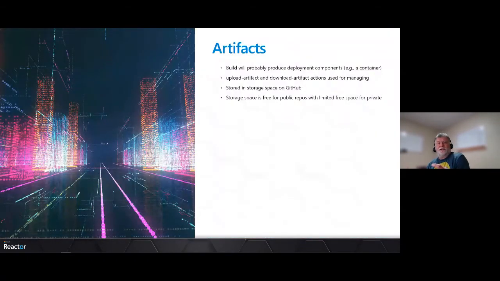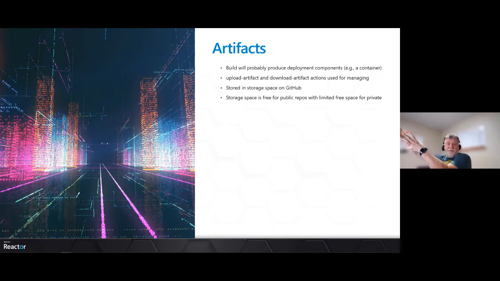And then artifacts, right? Builds are most likely going to produce deployable artifacts, like containers or folders that need to be distributed or are pushed or deployed. There are two actions that we'll see in practice here. The upload artifact allows us to push stuff out of our build step, for example, into a GitHub storage location.